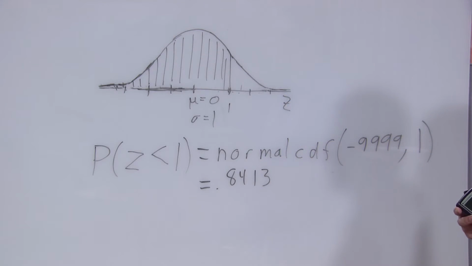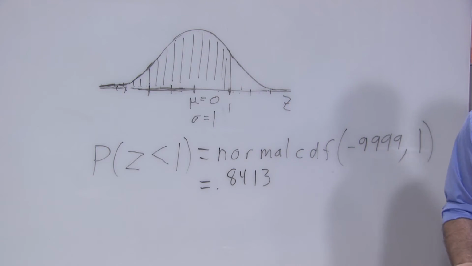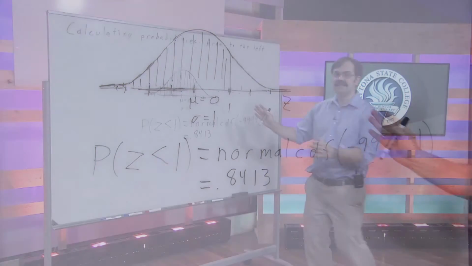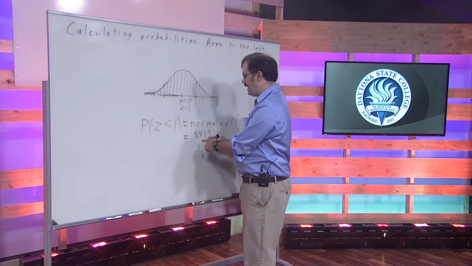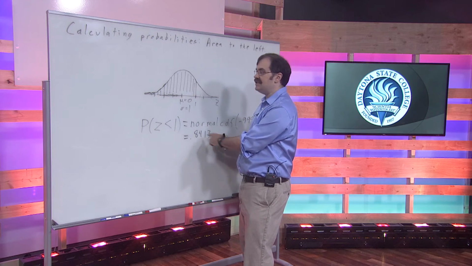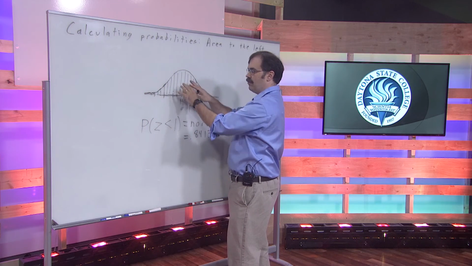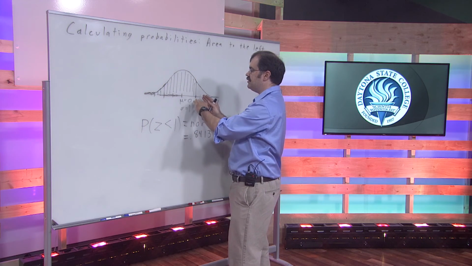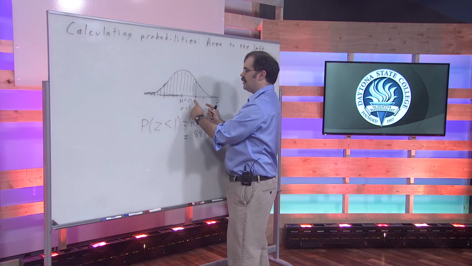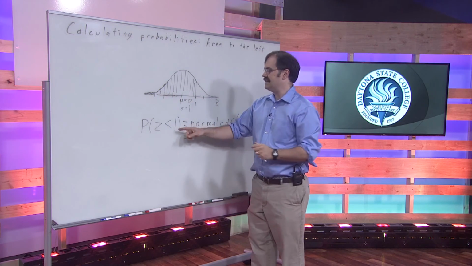So this is what you would do if you were using the calculator, and it's that easy. What you're really saying is that there was an 84.13% chance that if you randomly pick something from this distribution, the number you pick will have a value that is less than 1.